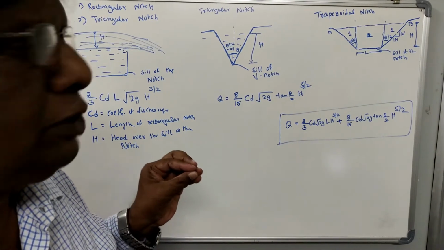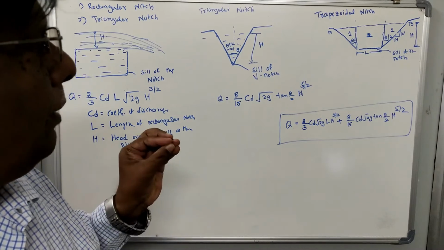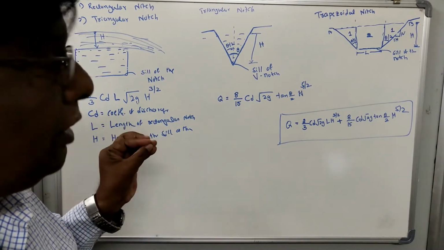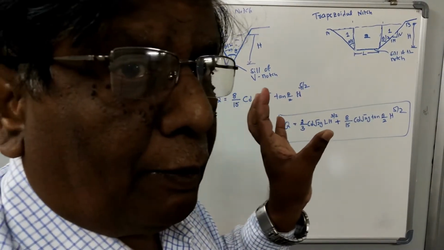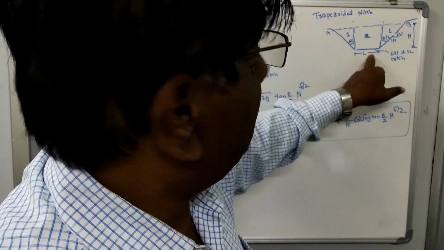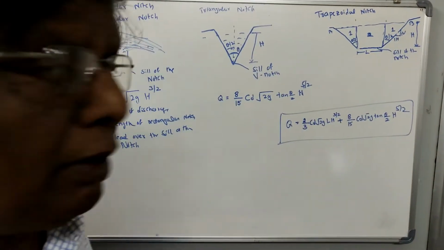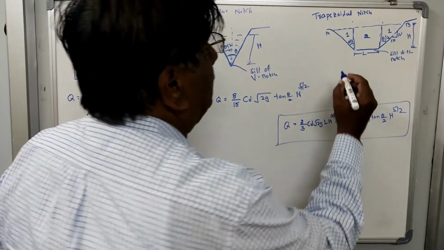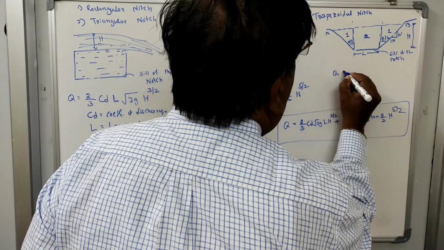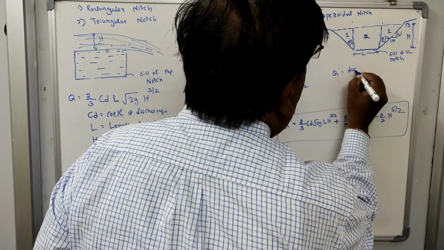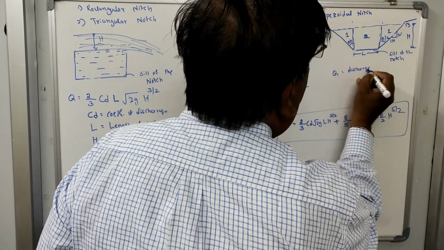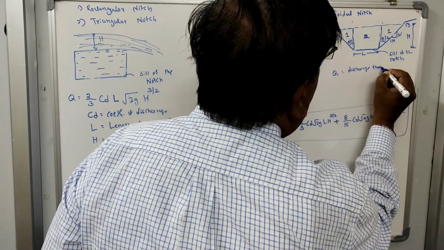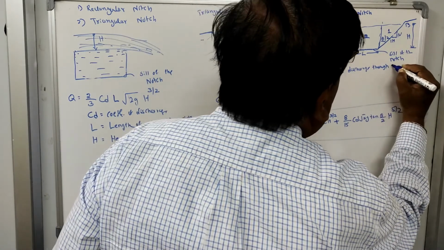What you are supposed to do is, first apply the rectangular notch equation for only the rectangular portion, with the length of the notch L, and find the discharge Q1 through the rectangular notch.